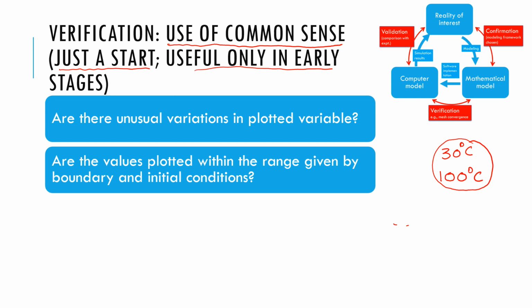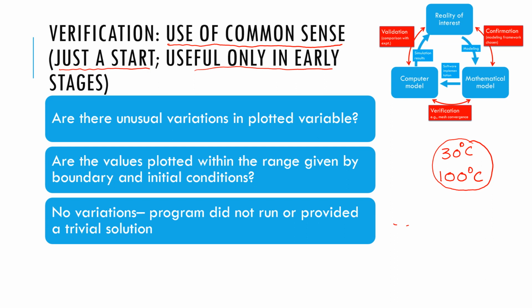It's possible. The way numerical solution works, in early stages or if things are not going well, it's possible to get such non-physical quantities. Another one to check, for example, is no variation.